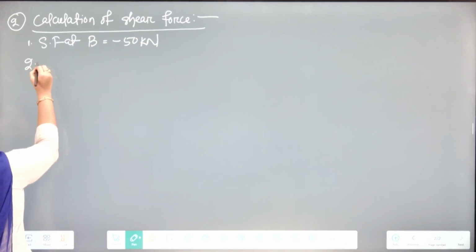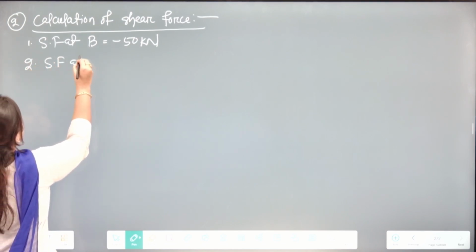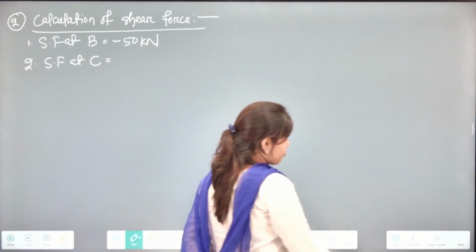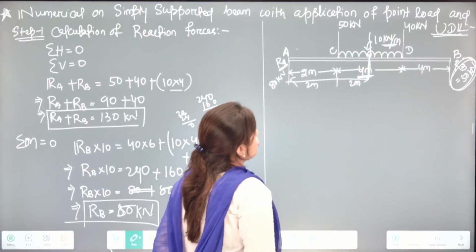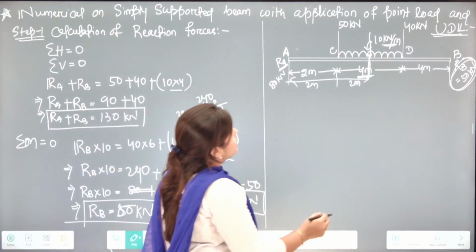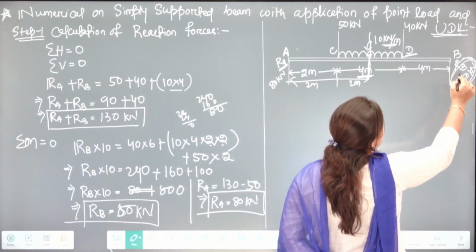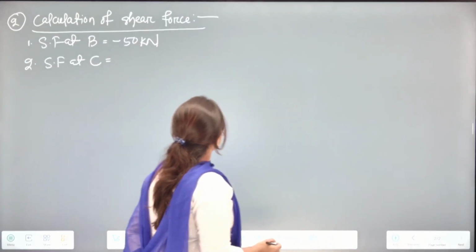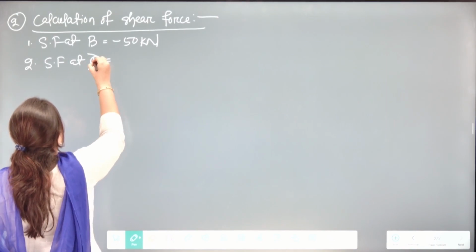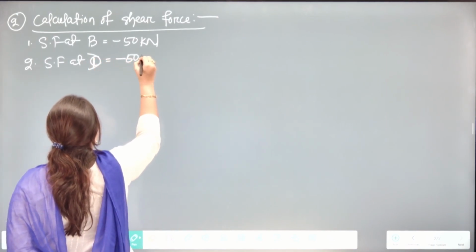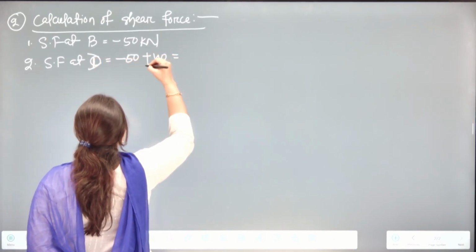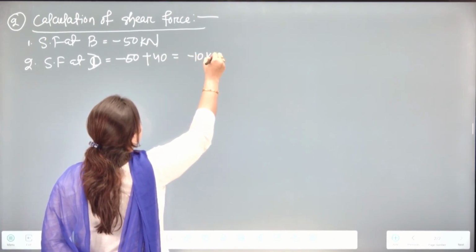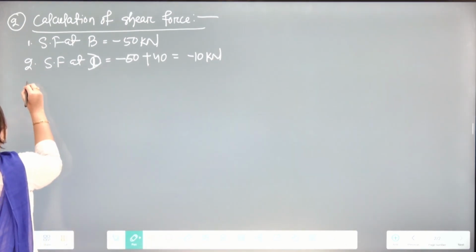Next, shear force at D. Minus 50 plus 40, that is minus 10 kilonewton. Right?